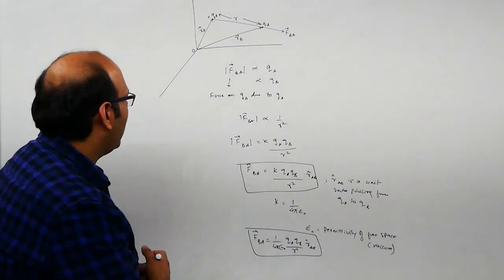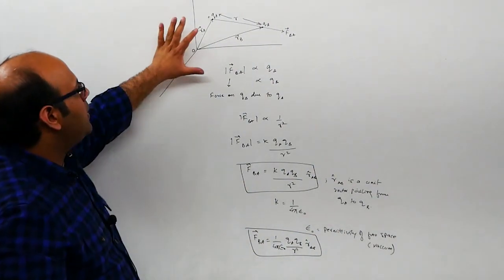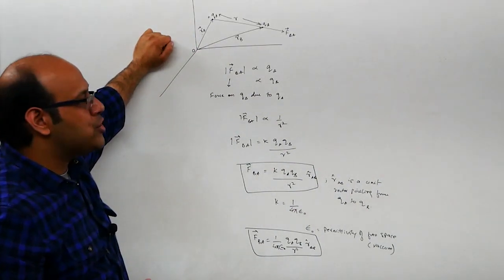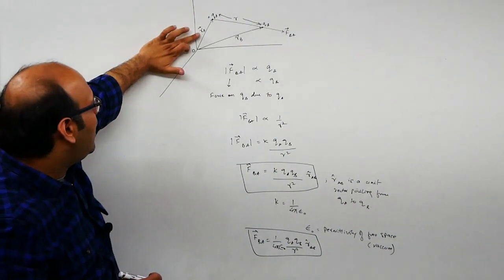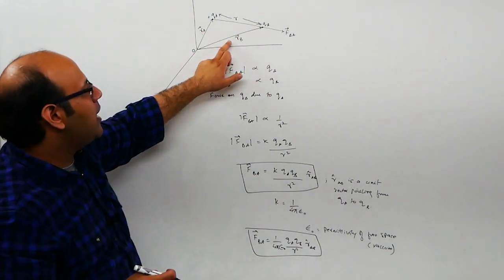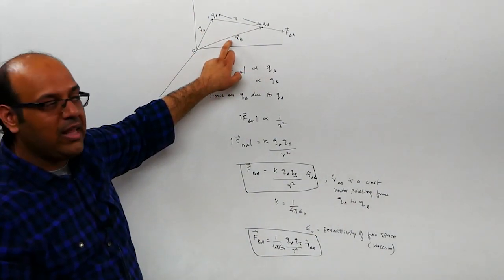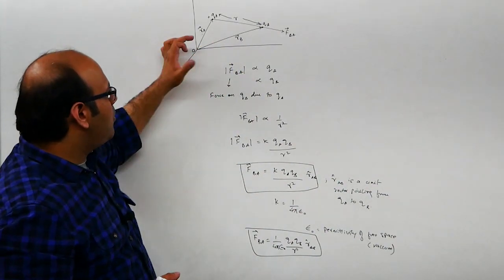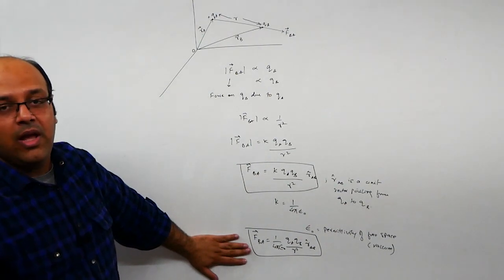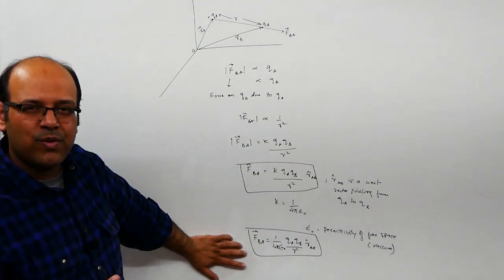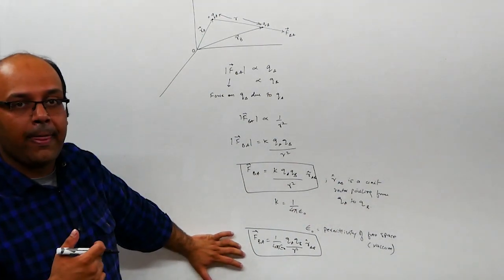Now, in this particular diagram, I have the position vectors also. If the charge QA is located at RA and charge QB is located at RB, the position vectors respectively, can I probably write Coulomb's law in terms of the position vectors of the two charges? Let's see.